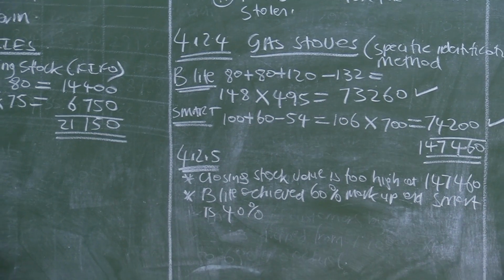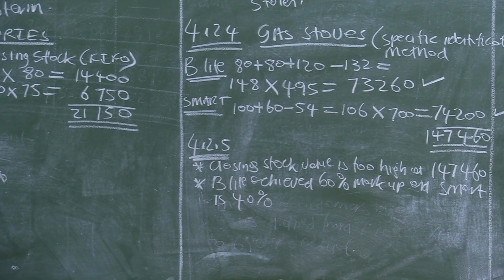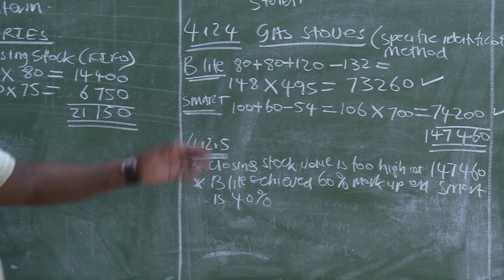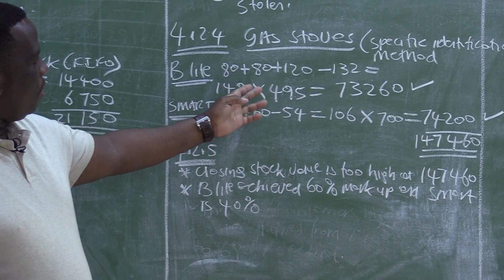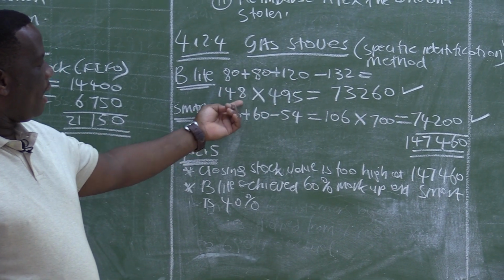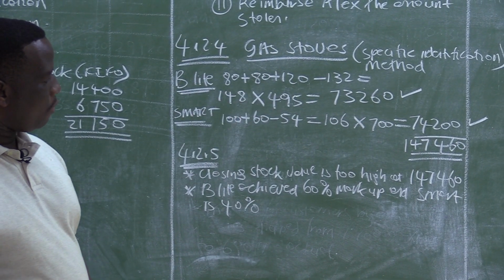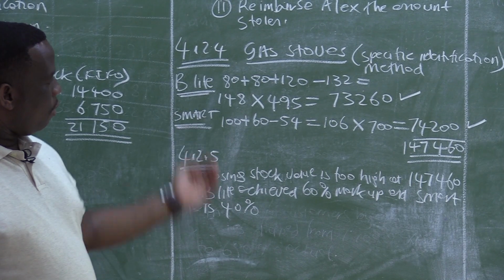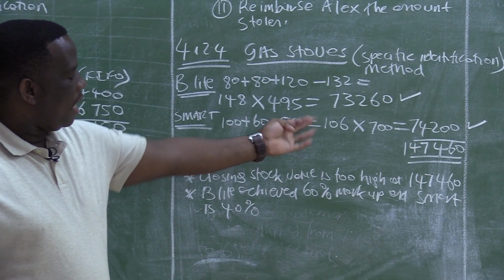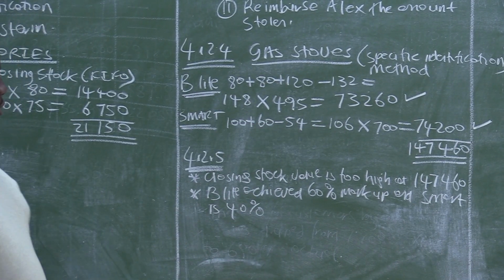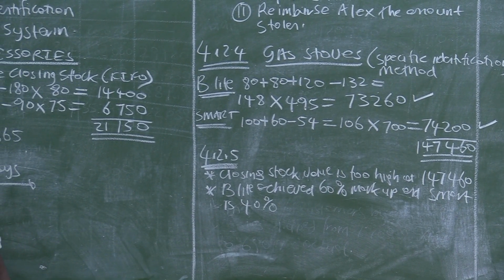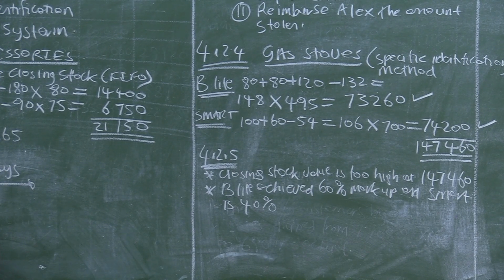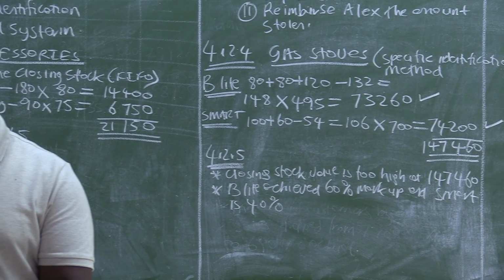He wants to stop selling the gas stove because they are not moving fast. The closing stock of 148 stoves have not been sold, it's quite a lot. And here, it's 106 that has not been sold. That is why we are worried about the closing stock value being too high.